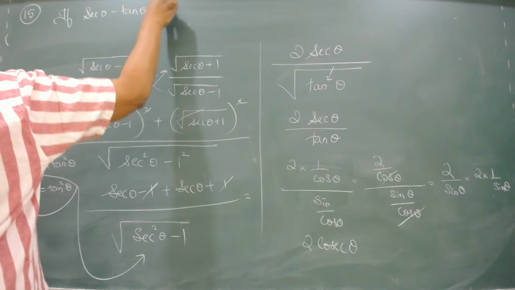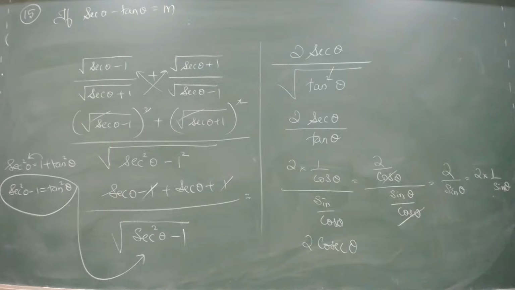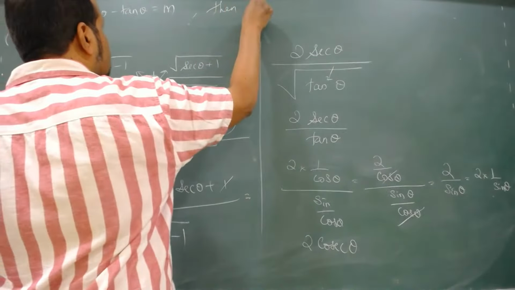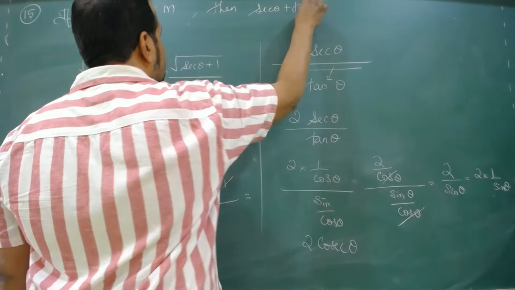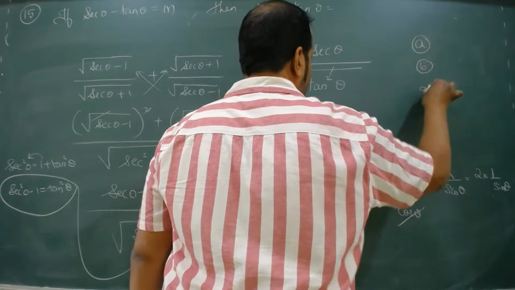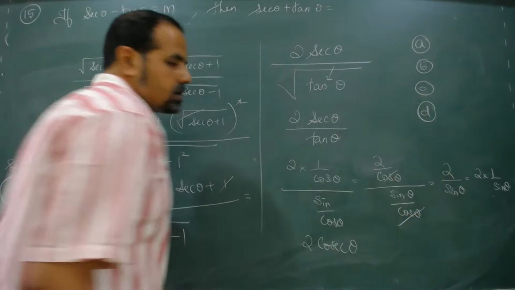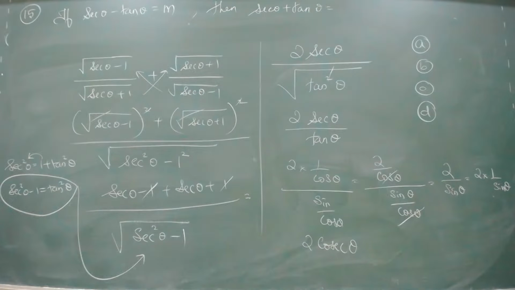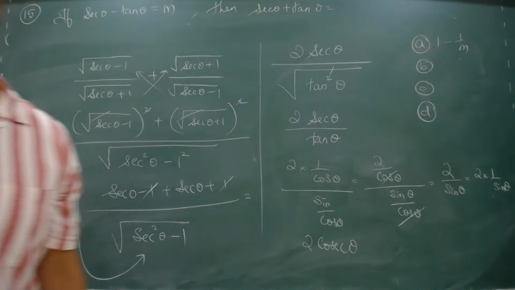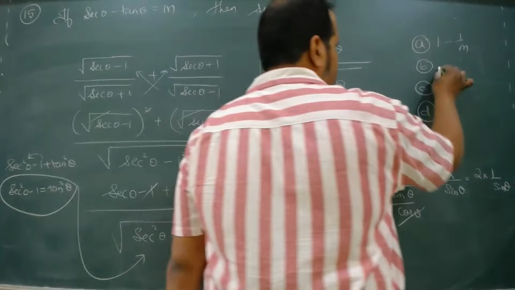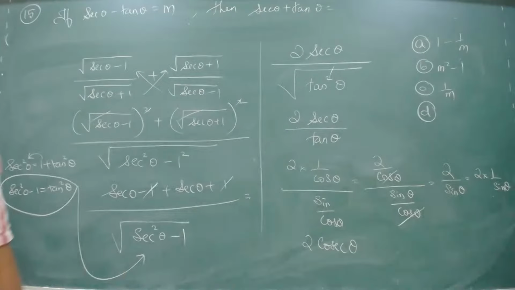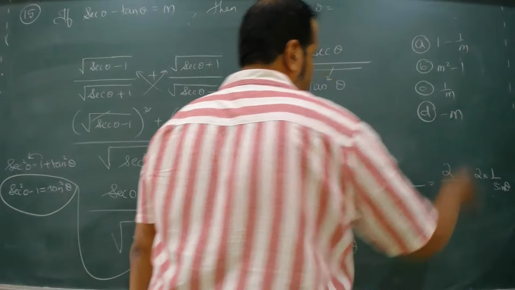If sec theta minus tan theta is equal to m, then sec theta plus tan theta is equal to option A, B, C, D: 1 minus m, 1 by m, m square minus 1 by m, and the last one is minus.